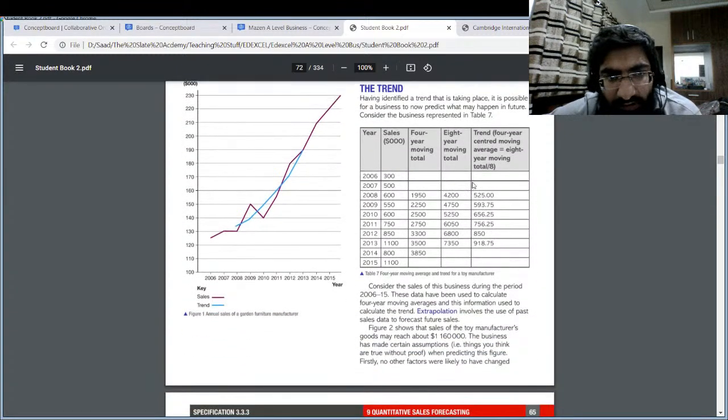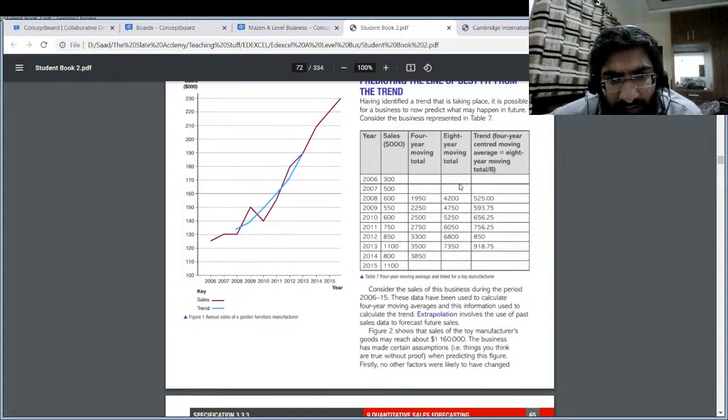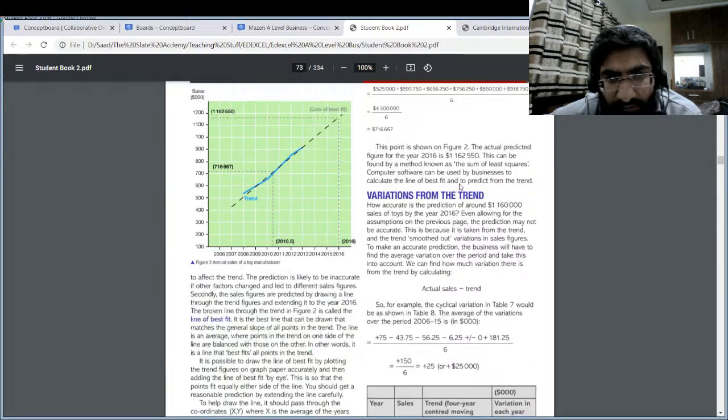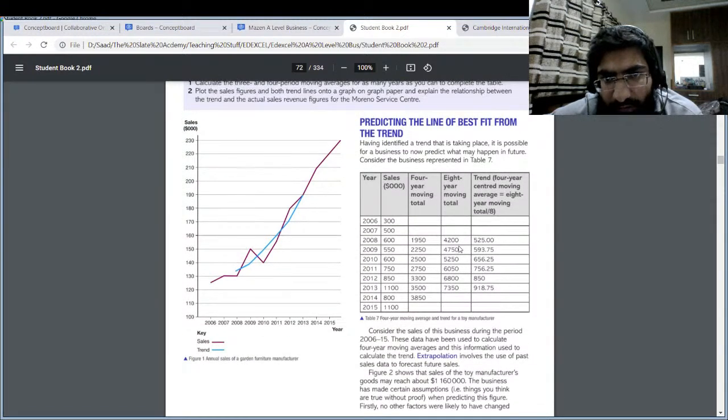So have they repeated the same over here, or is this different data? This is different data for another business. Consider the business represented in table 7.